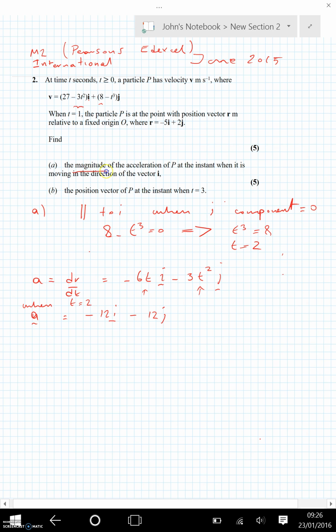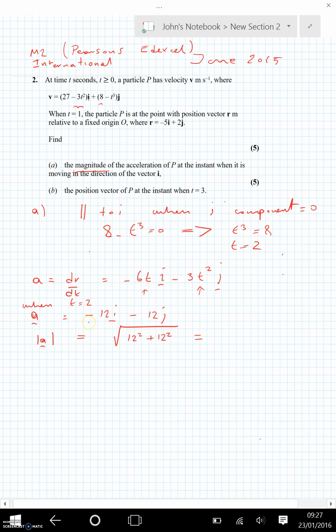But do be careful. A number of people miss out on marks by not answering the question. It does ask for a magnitude, so giving the acceleration vector is not fully answering our question. I'm not bothering with negatives when we work out the magnitude.